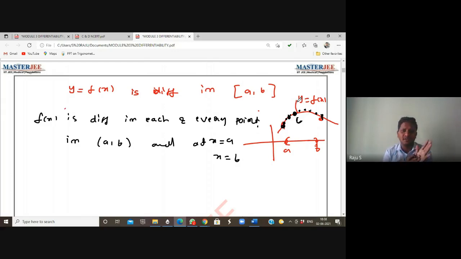Then only it is differentiable. So when we say the function is differentiable in a closed interval, it is differentiable at the end points as well as each and every point between A and B. In the same way for an open interval: open interval means it is not necessary that it is differentiable at the end points, but only at the points other than the end points. Okay, that is the meaning, right?